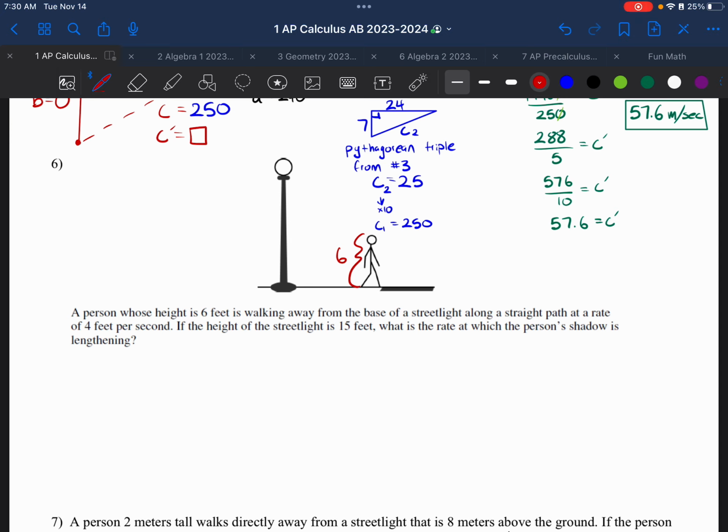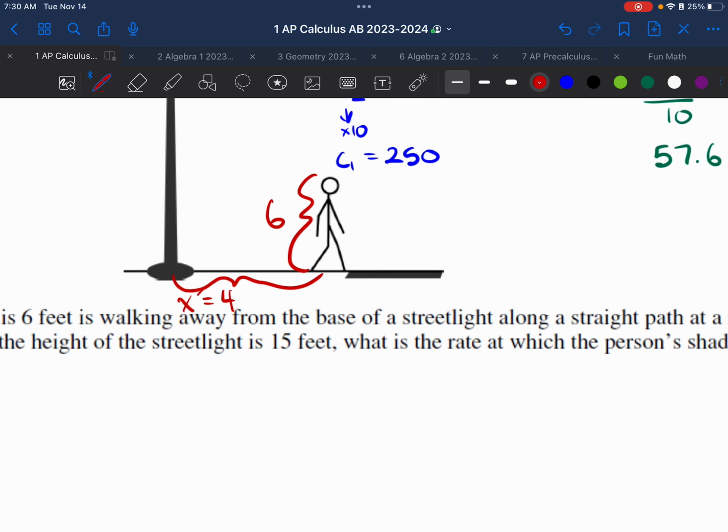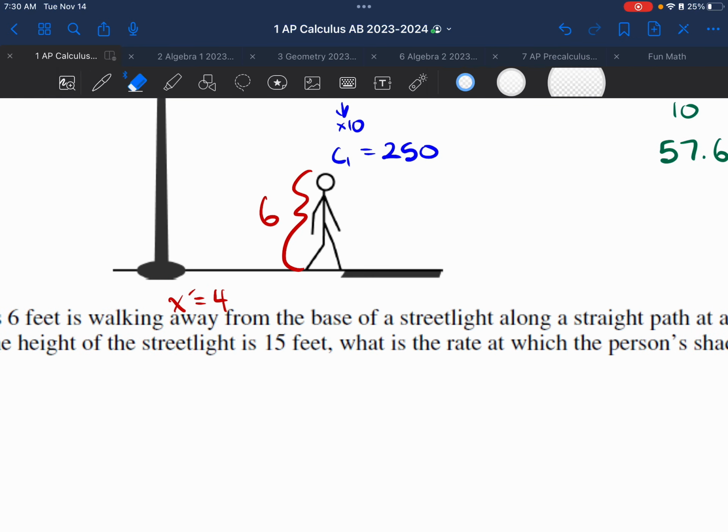So it's not talking about his shadow, it's just talking about him. So this rate right here is 4, and that's like a prime. So I don't know what I want to call that. For lack of a better variable, that's an x, and it's an x prime because it's moving. So x prime is equal to 4, and just in case you can't see that, let me redo this. This length right here, x prime is equal to 4.